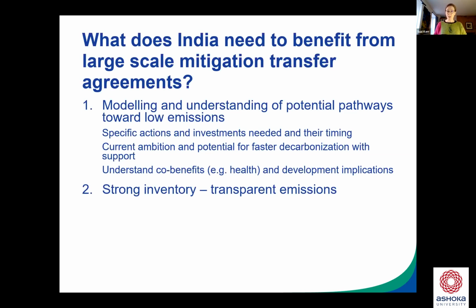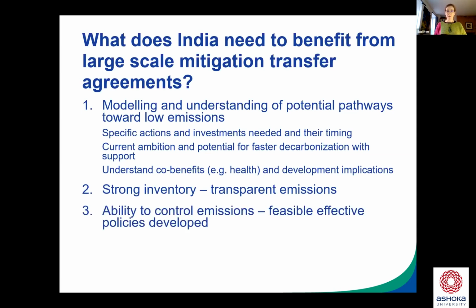India, to do a climate action team type agreement, would need strong and transparent inventory, but also needs the ability to control emissions. There's no point in signing an agreement to transfer emission reductions if you have no idea how you're going to actually achieve those emission reductions. You can put a lot of work in and not actually reduce emissions very much, and then there's nothing to trade.